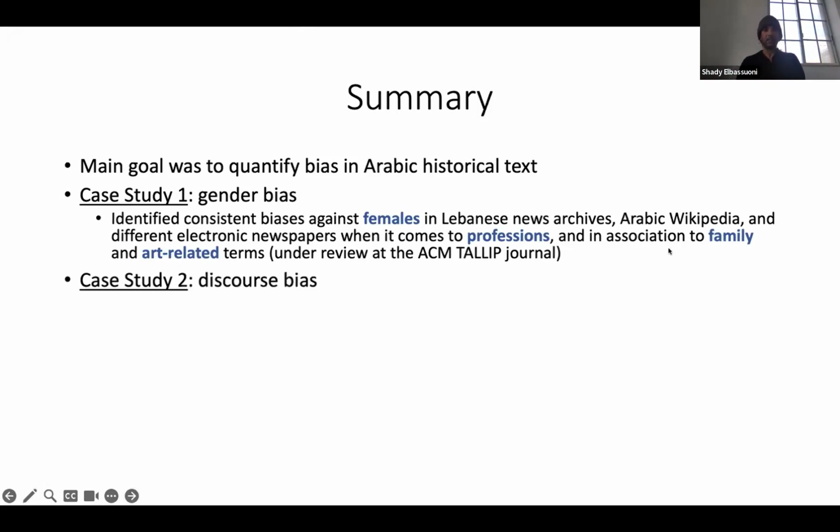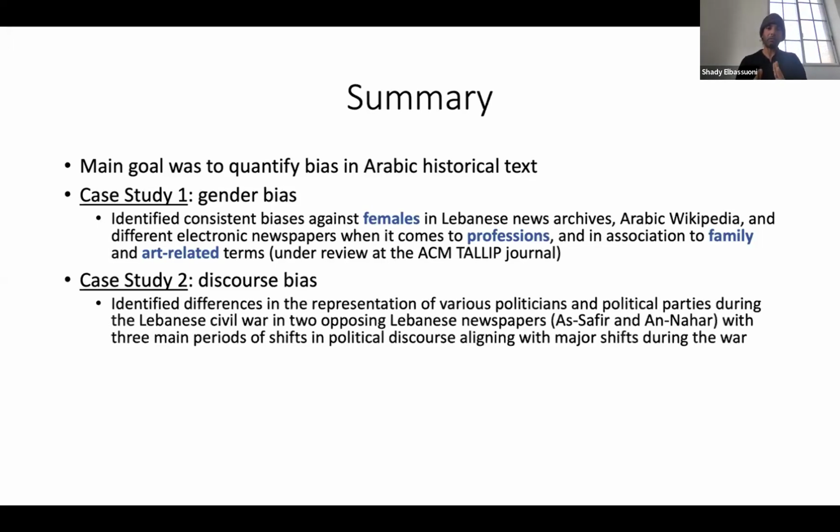Our second case study focused on discourse bias. Again, we looked particularly at the Lebanese newspapers As-Safir and An-Nahar, because they had really opposing ideologies. We tried to identify differences in the representation of various politicians and political parties, particularly during the Lebanese civil war in those newspapers.